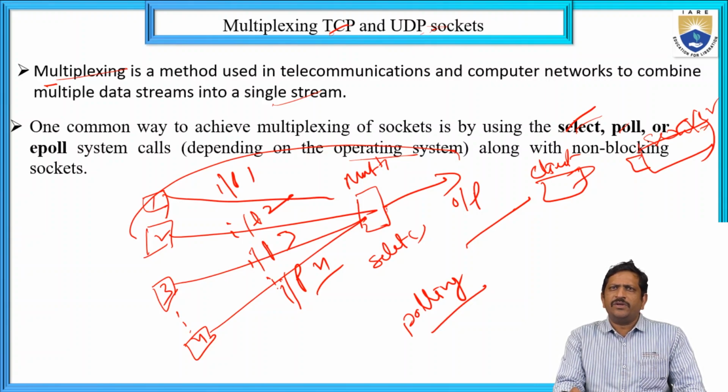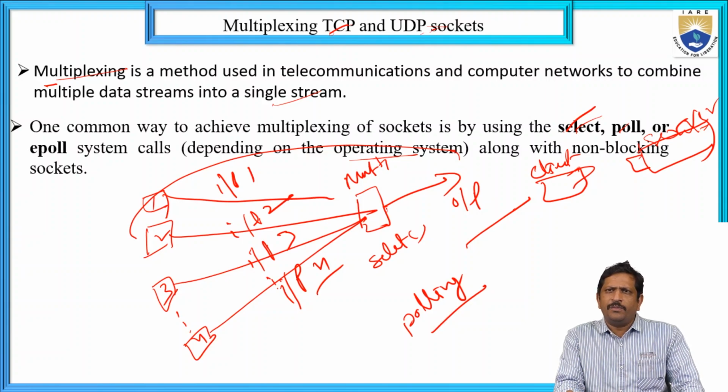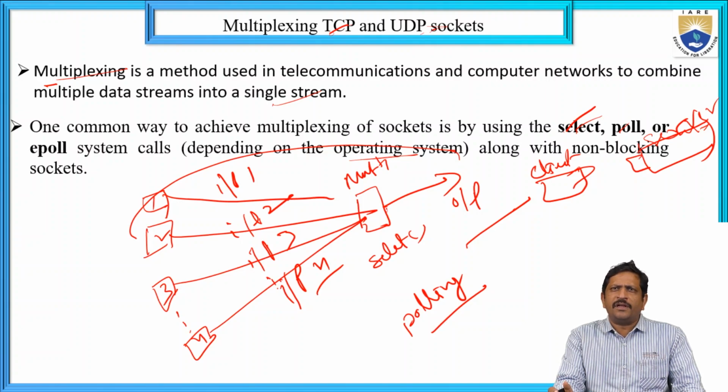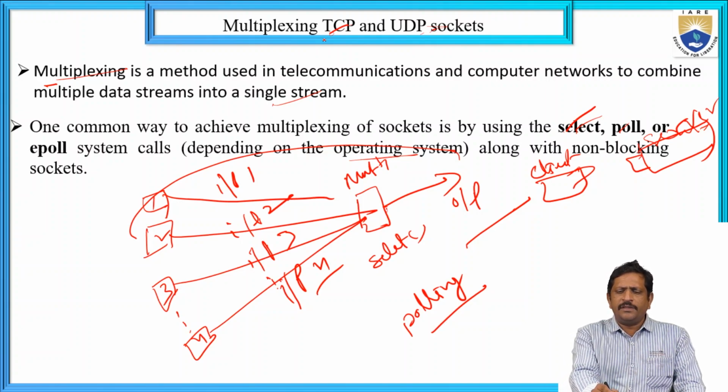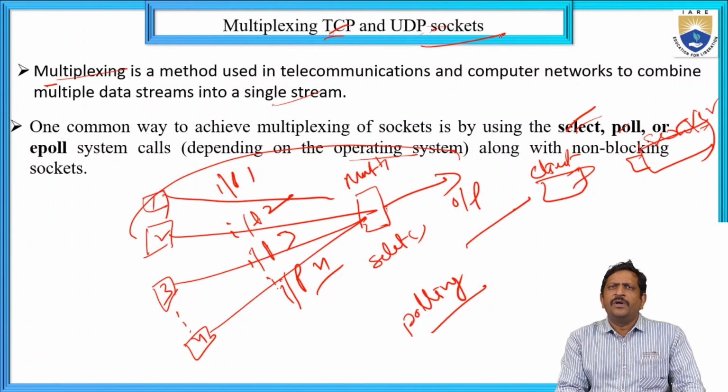Generally, multiplexing TCP sockets and multiplexing UDP sockets are utilized in telecommunication organizations, computer networks and network programming. So this is about multiplexing and TCP UDP sockets.